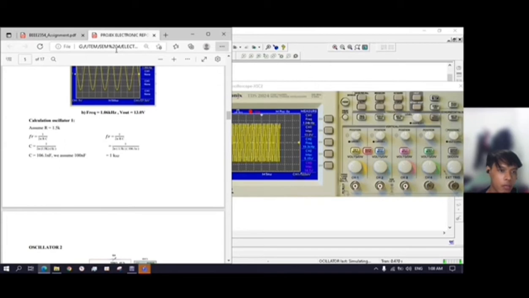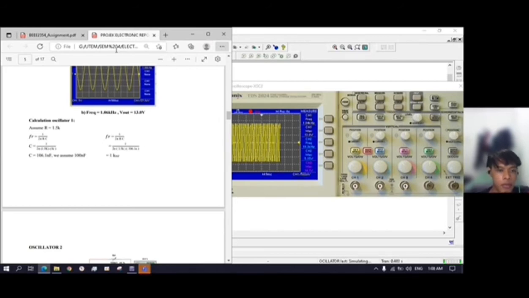We will get 106 nanofarad, which means we assume it as 0.1 microfarad, and then we want to check whether we get the 1 kHz. We substitute the value of the capacitor into the equation.